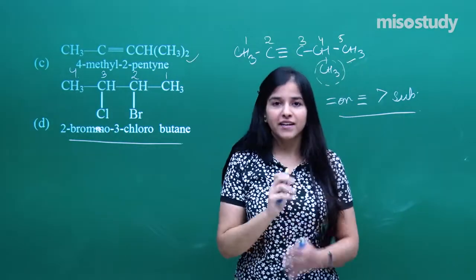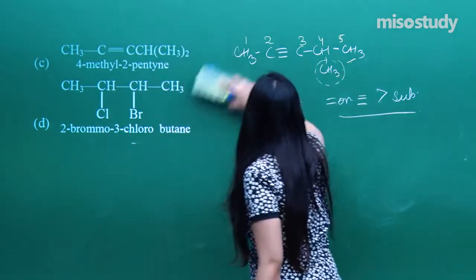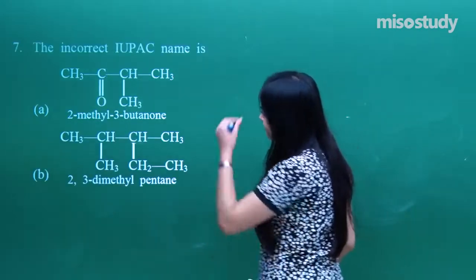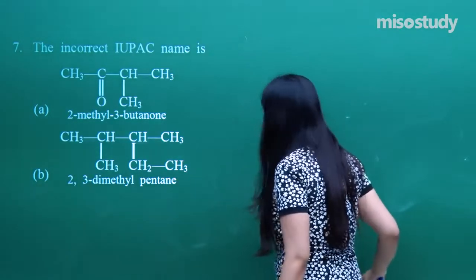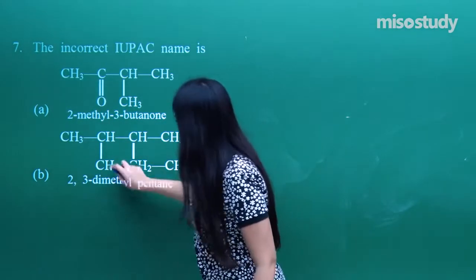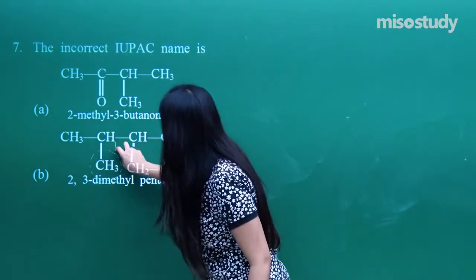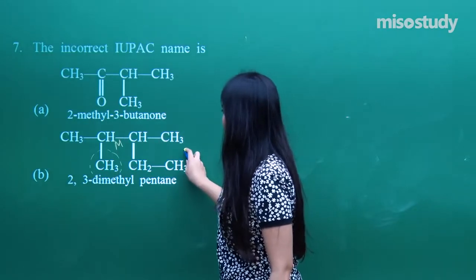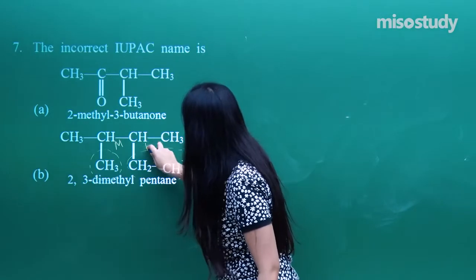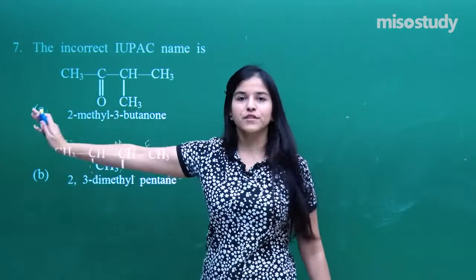I need to find out the incorrect one, so let's check out the other 2 options. The answer would be lying in those 2 options only. Now, if I look at option B, at this very carbon I have got methyl, starting with M, and at this very carbon I have ethyl, starting with E. So as per the alphabetical order, I need to be numbering from this very side.